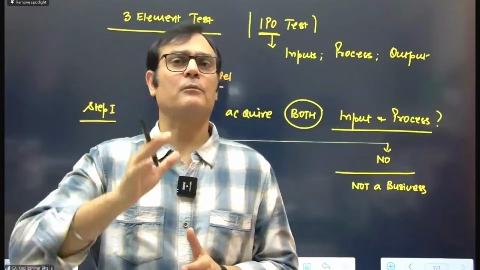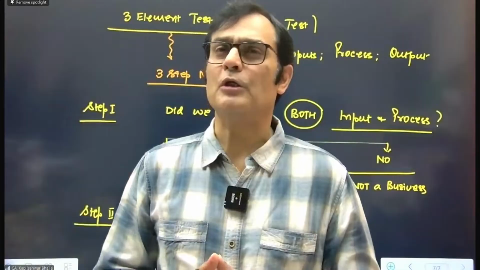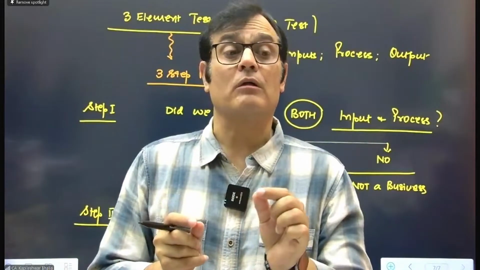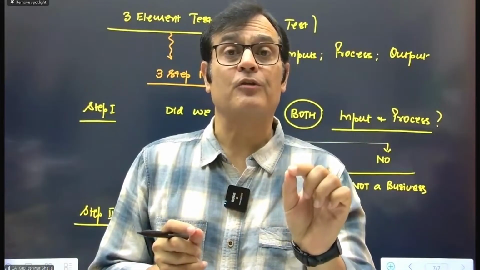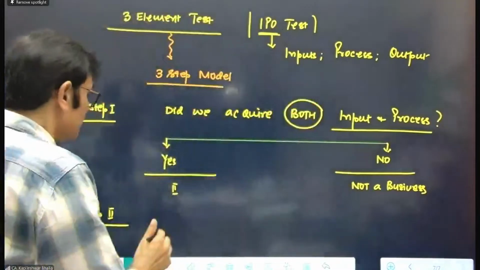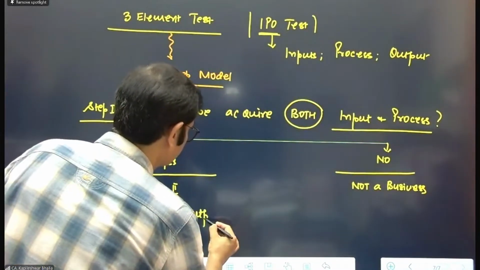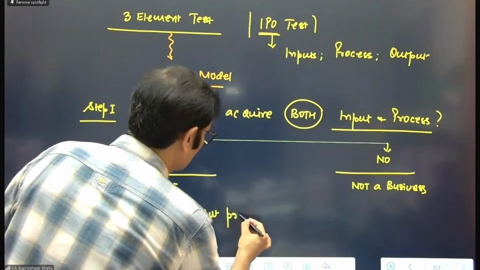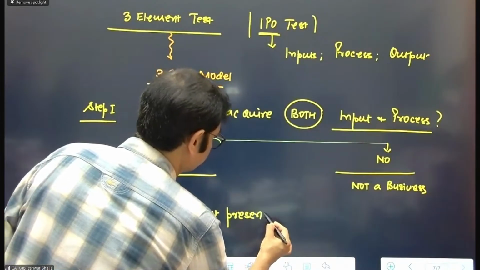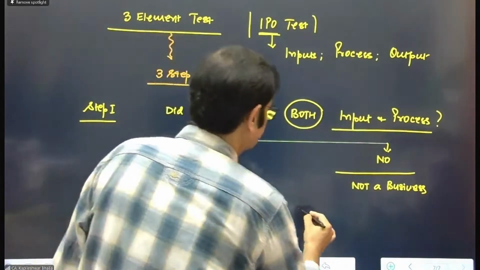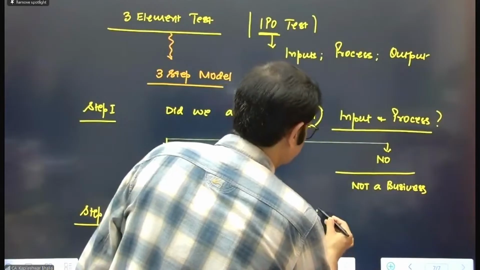If the revenue is not present, that means there is no output. So indirectly, you can focus on the presence or the absence of revenue. So we need to see: is output present on the date of acquisition, or we can say on the acquisition date?